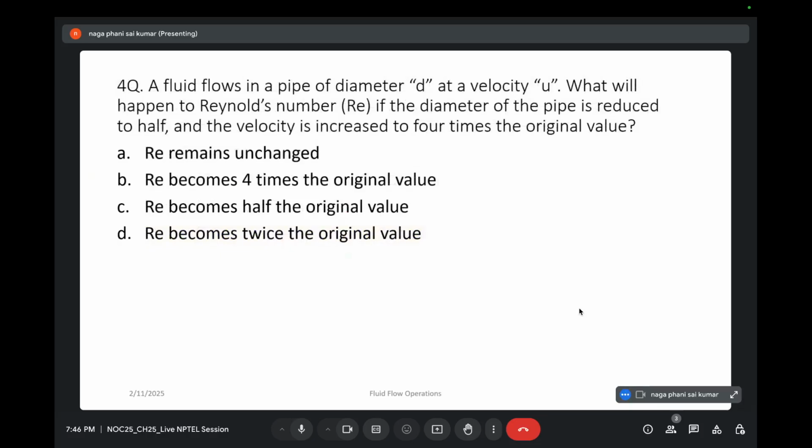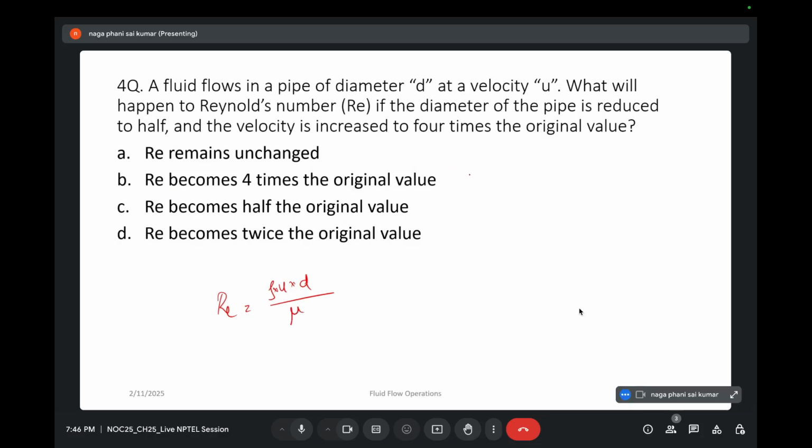Coming to the fourth question: a fluid flows in a pipe of diameter D and velocity u. What will happen to the Reynolds number if the diameter of the pipe is reduced to half and the velocity is increased to 4 times its original value? What is the Reynolds number? Density into velocity into diameter by viscosity, right?